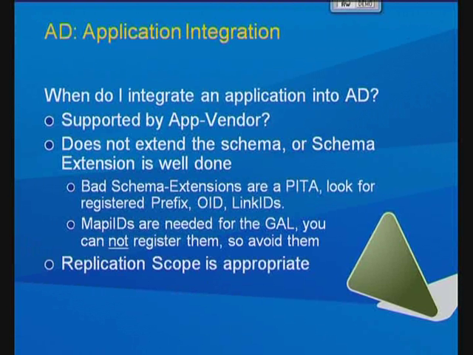If you want to keep this data in a central store, just in your central data center, then it might be a better idea to create your custom attributes, create your custom objects there and link them somehow, and to put those in an application partition. Because in Active Directory, since Windows Server 2003, we have this concept of application partitions where we can select which domain controllers should receive a copy of this data.